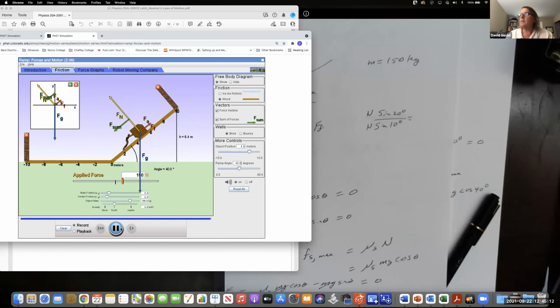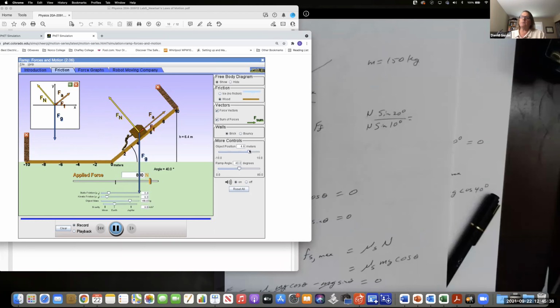Nope. Pause. Let's see if 800 newtons is enough. Well, now I'm pushing it up at least. So it's slowing down. Now I'm going to move the position just for fun. This just moves the position without changing the forces.